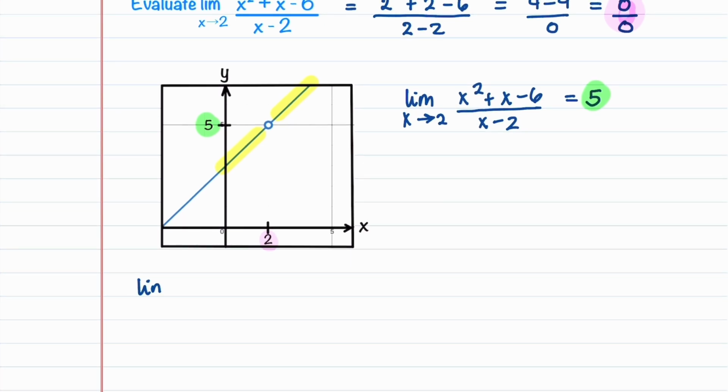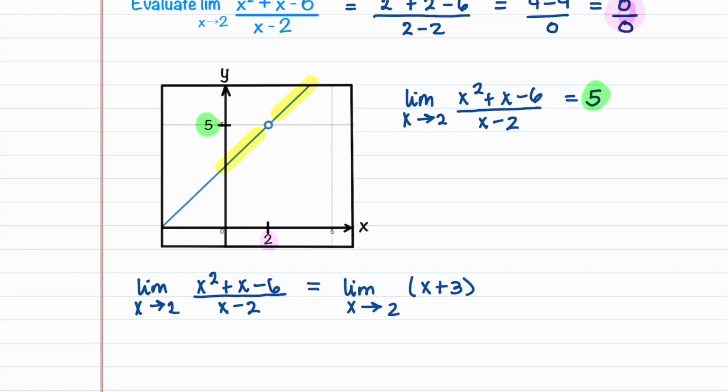We have the limit as x goes to 2 of (x squared plus x minus 6) all divided by (x minus 2). Notice that our numerator is a quadratic, and we can factor that. So we're going to write this as the limit as x goes to 2, factoring the top, of (x plus 3)(x minus 2), all divided by (x minus 2).